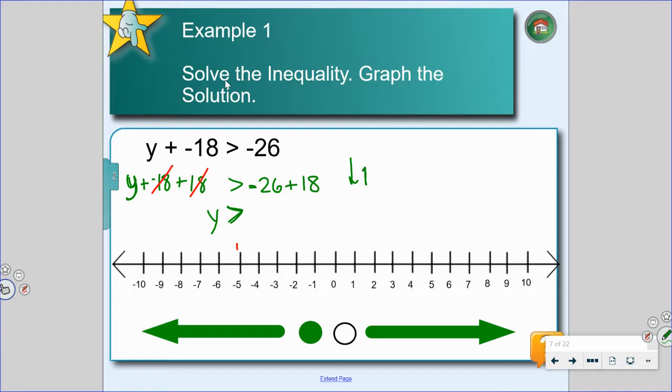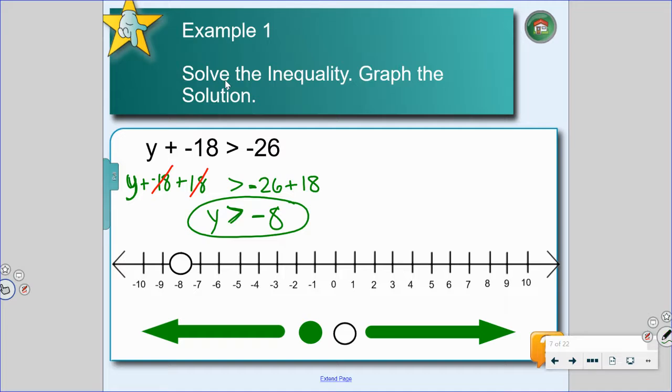Go down 26, go up 18, still in the negatives. Now, I'm going to draw a little dot at -8. And I'm going to ask myself, what number or numbers will make this statement true? Now, many times people start at 0.